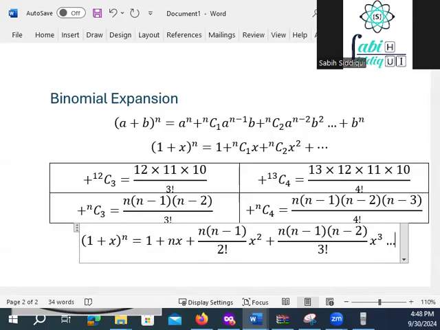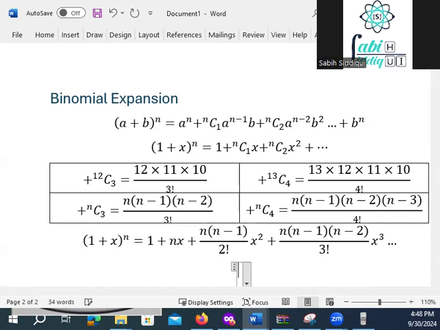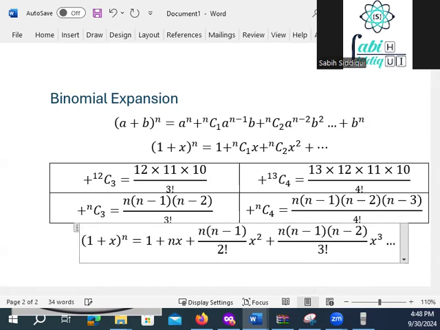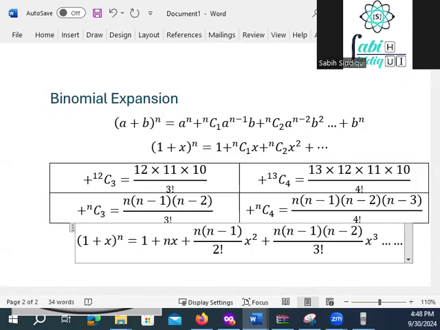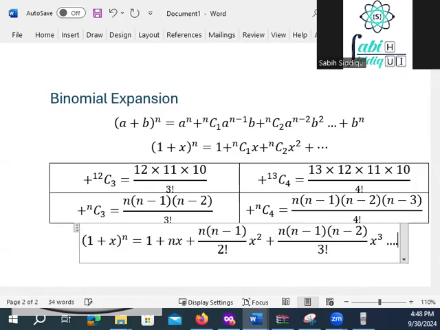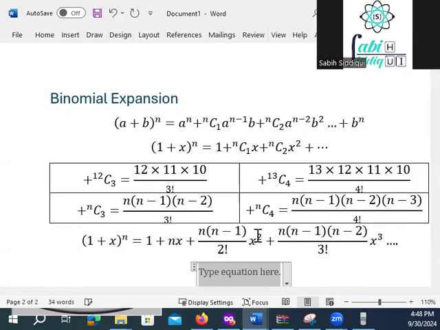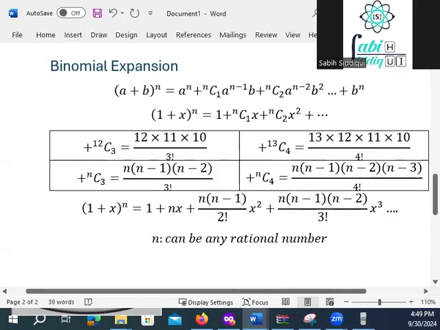We have nothing to worry about. Is this clear or not? So the first advantage that this form of binomial expansion gives us is that N can be any rational number. It can be positive, it can be negative, it can take any value that I want it to.